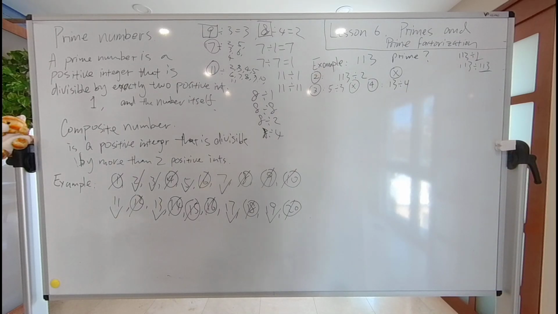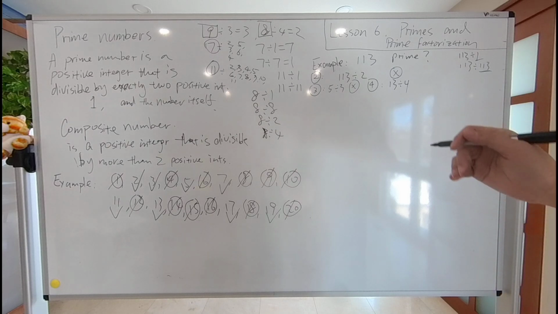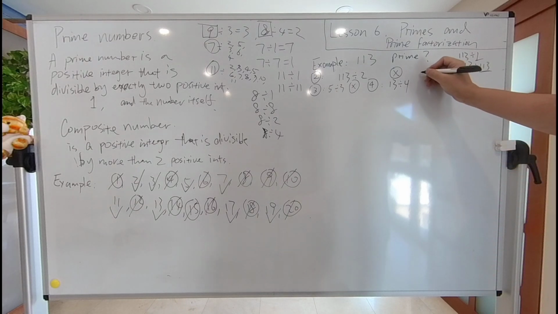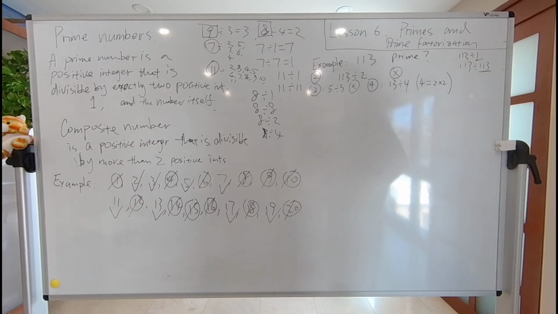But there's another way that we keep seeing: if this number is not divisible by 2 already, then it must not be divisible by any other number that contains a factor of 2, right?